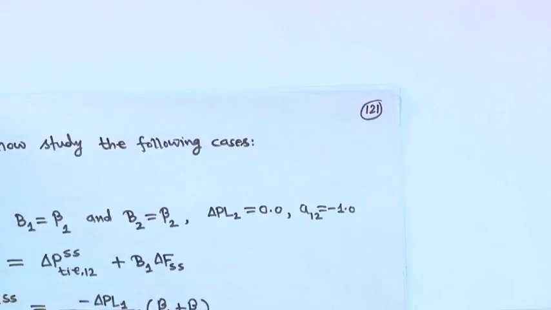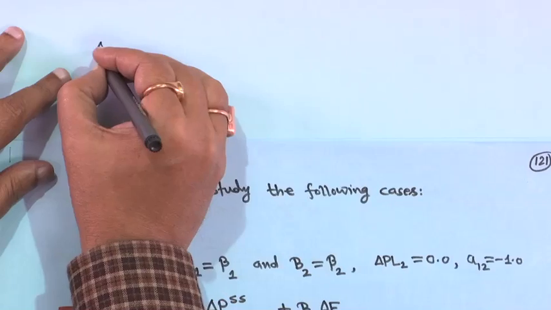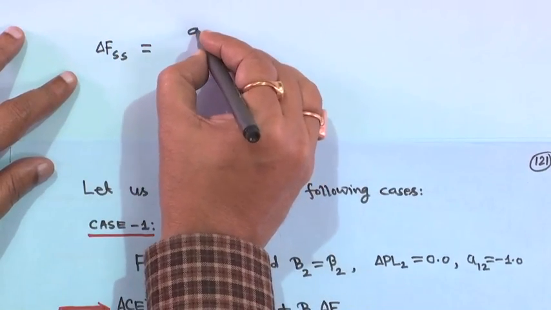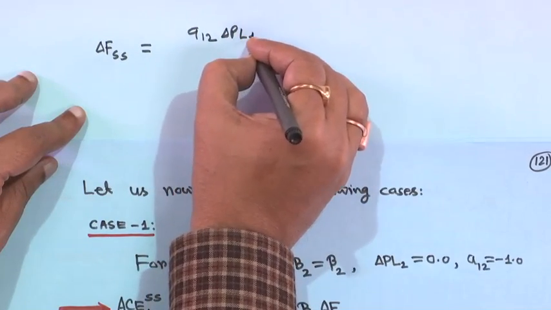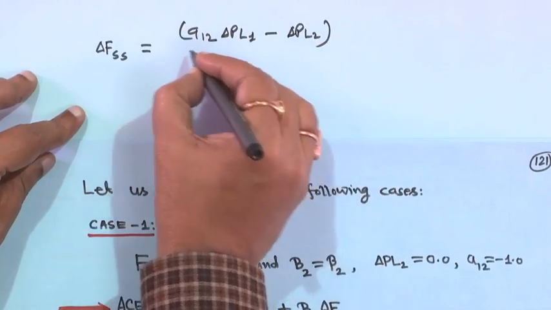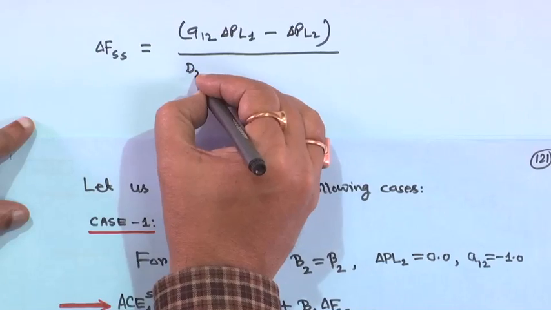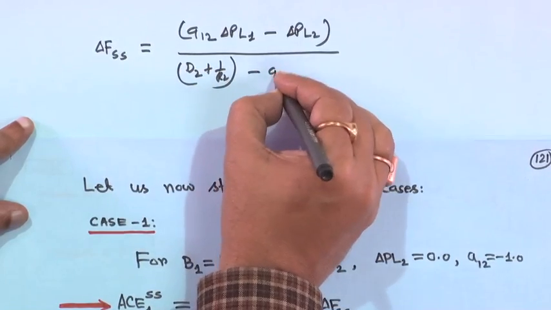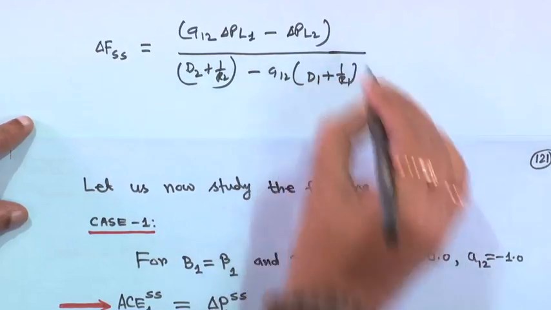What you will get actually, we know this expression: delta FSS is equal to A12 delta PL1 minus this one, right, divided by D2 plus 1 upon R2 minus A12 into D1 plus 1 upon R1, right.